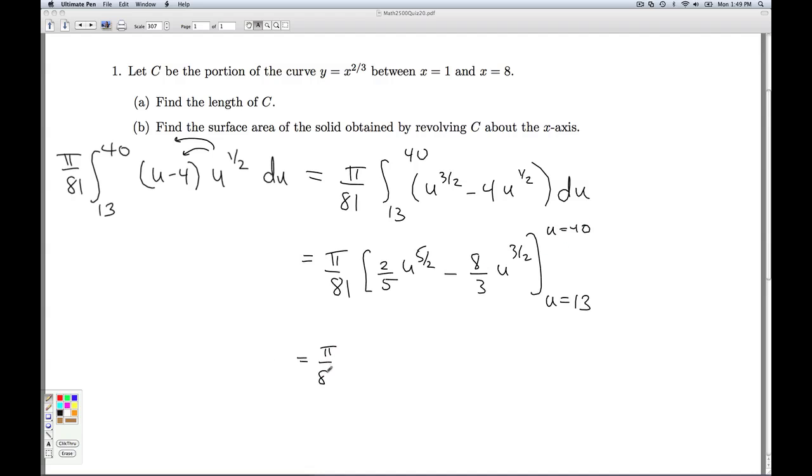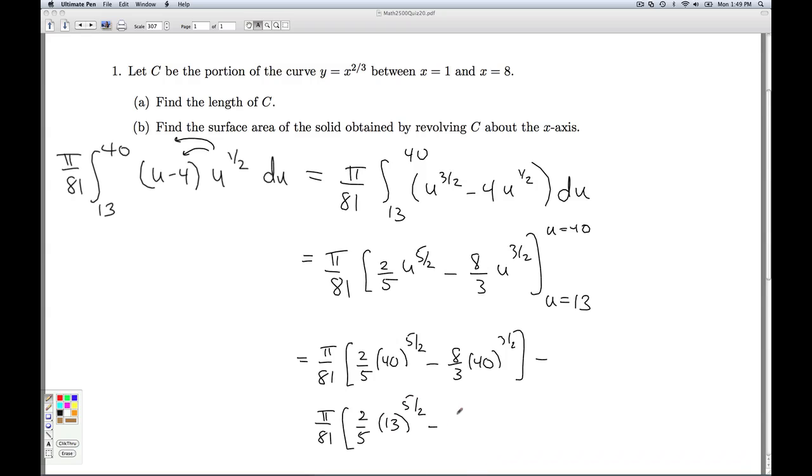I get pi over 81 times 2/5, 40 to the 5/2 minus 8/3, 40 to the 3/2, minus pi over 81, 2/5, 13 to the 5/2 minus 8/3 times 13 to the 3/2.